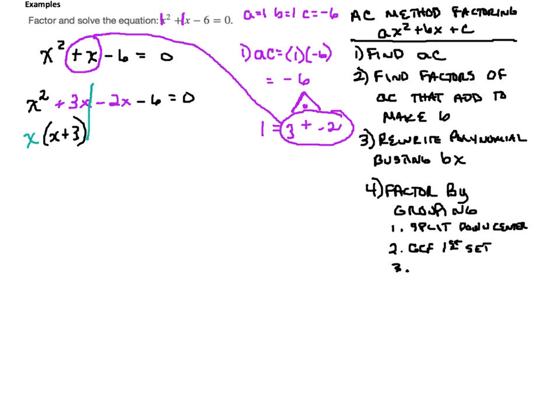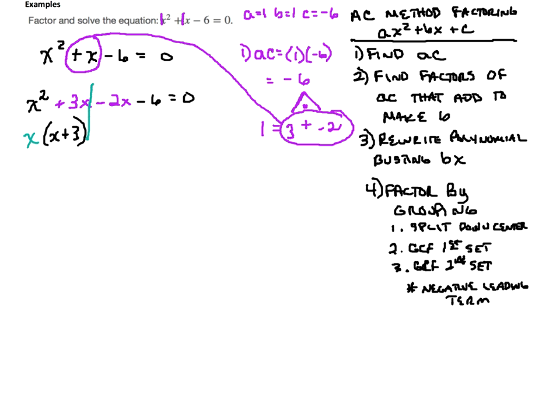The third step in grouping is to GCF the second set. And you want to be careful about negative leading terms. You don't want to leave a leading term negative. So if I look at negative 2x and negative 6, they both have a 2 in them.